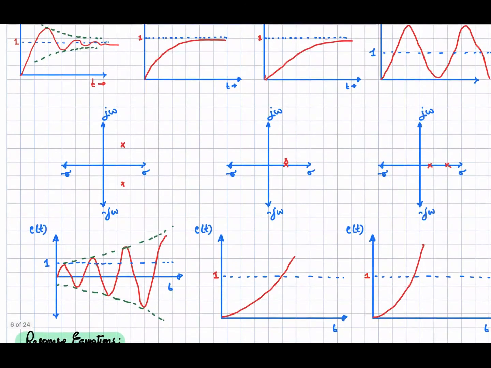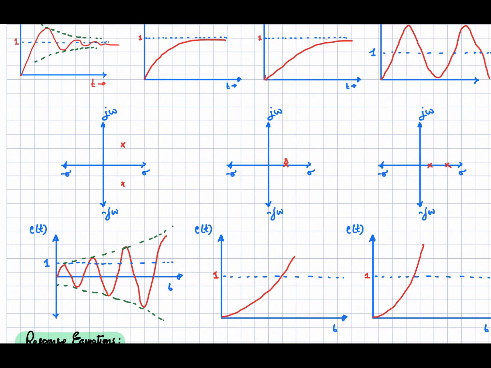If the poles are in the right half plane as a complex conjugate pair, then the response of your second order system is like that: there will be oscillations but increasing in magnitude. So it is an unbounded response. Later on we will see that this is an unstable system.